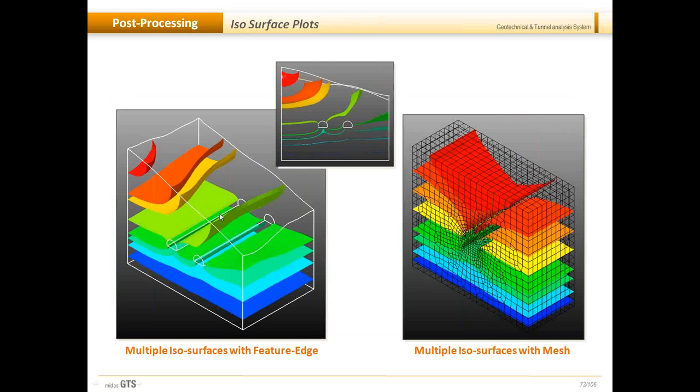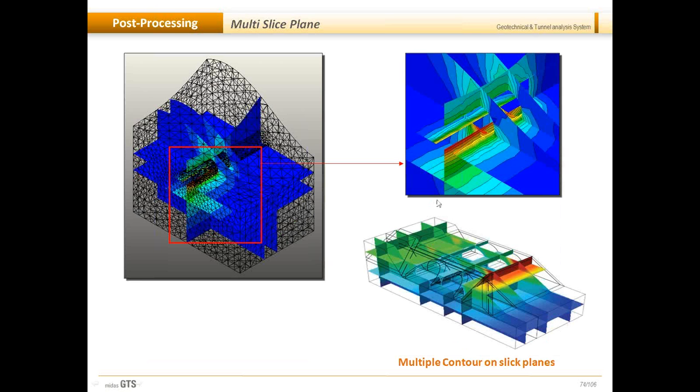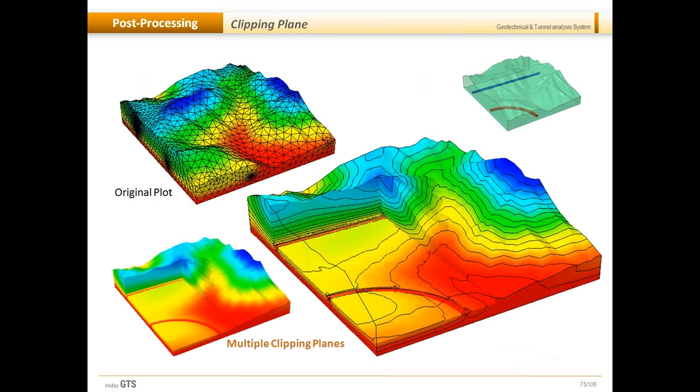You can view the isosurface, a multiple isosurface, to really view what is happening. Multiple slice planes, so you can cut in different slice planes. Multiple clipping planes to see what is happening inside.